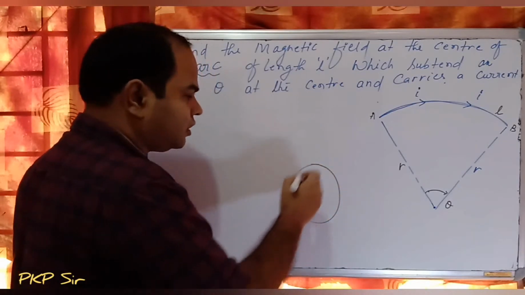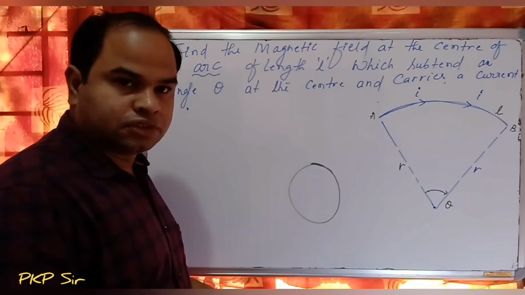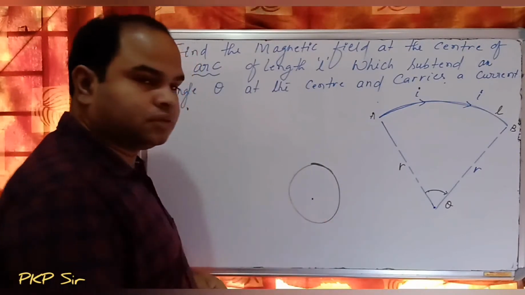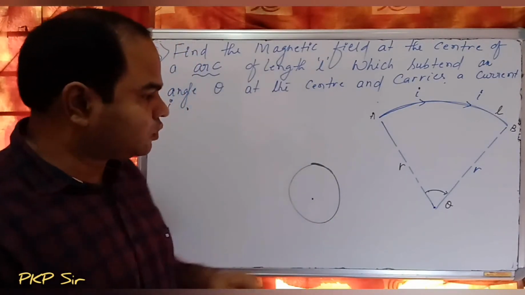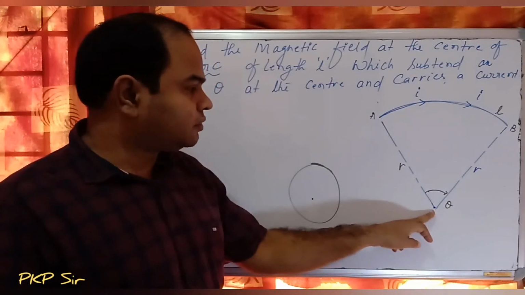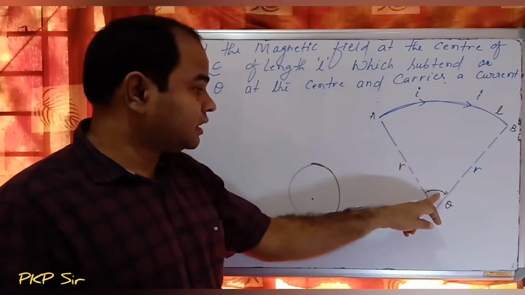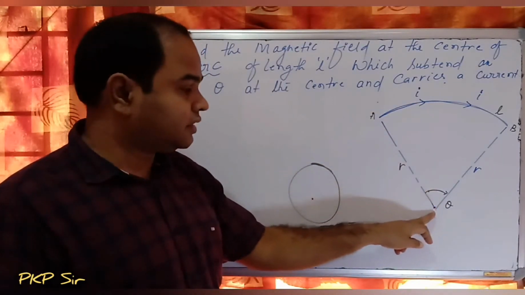This is a circle, so this is an arc of a circle. This is the center of the arc. The radius of the arc is r, and this arc subtends an angle theta at the center.